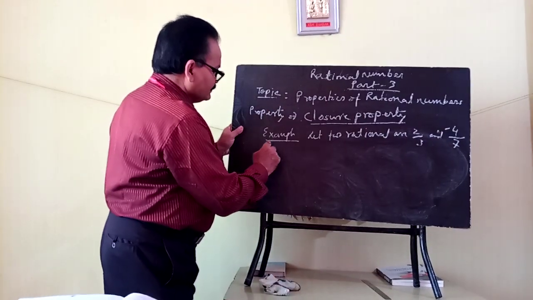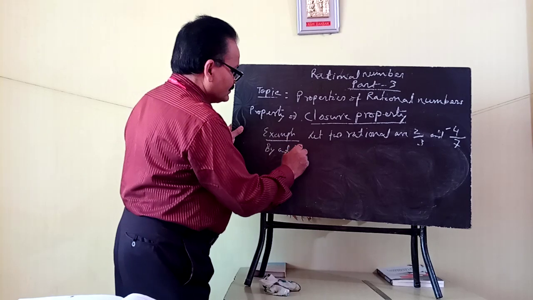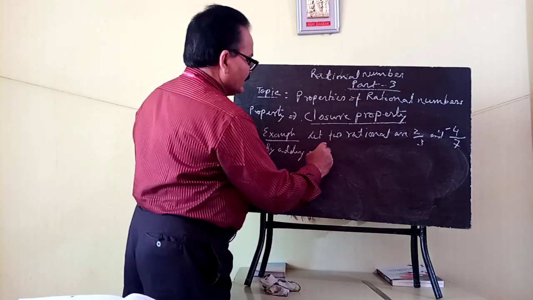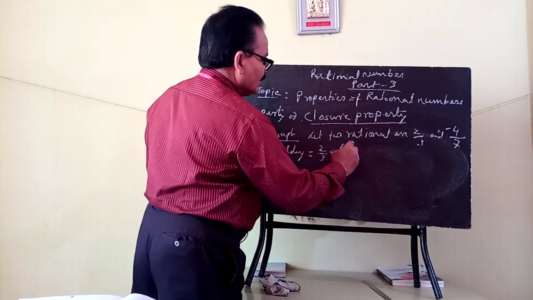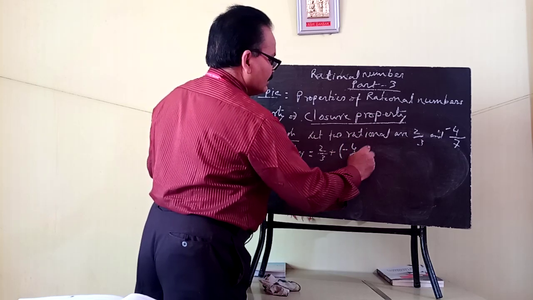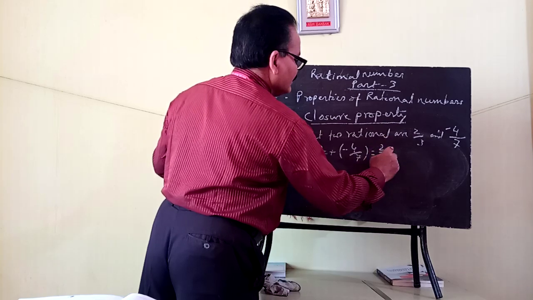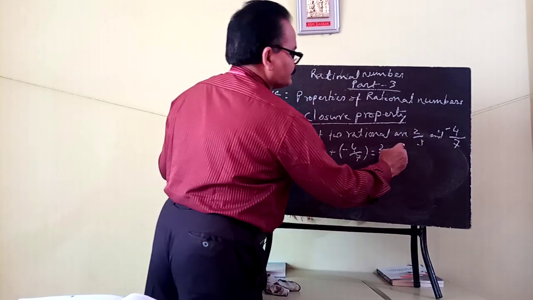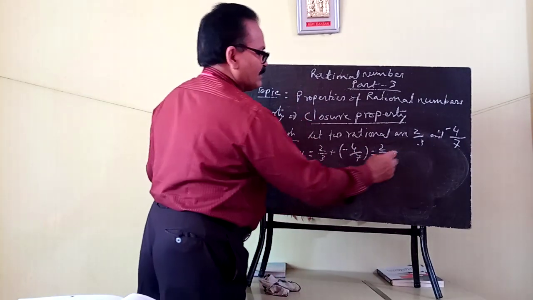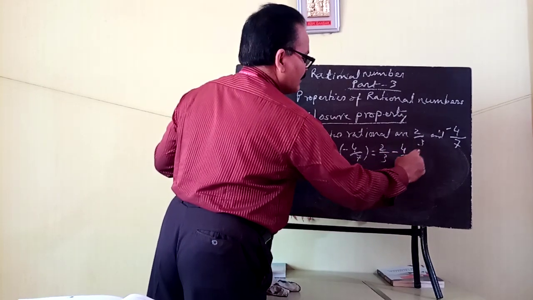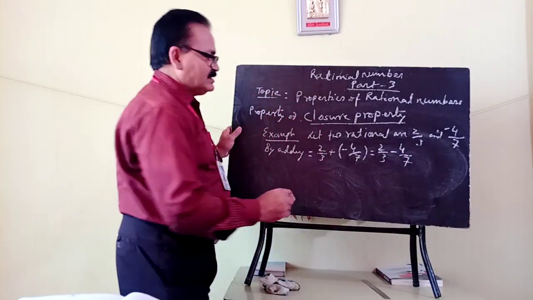Now by adding 2 by 3 plus minus 4 by 7, open the bracket, then plus and minus become minus by applying the rules of integers.